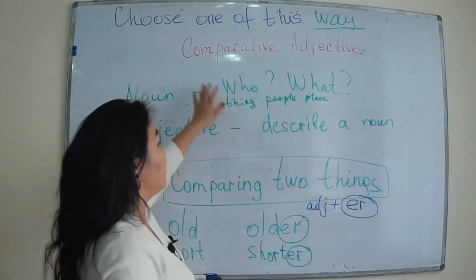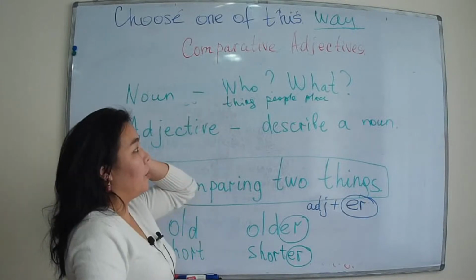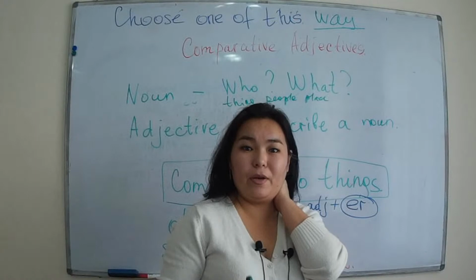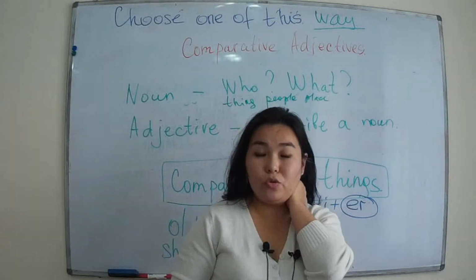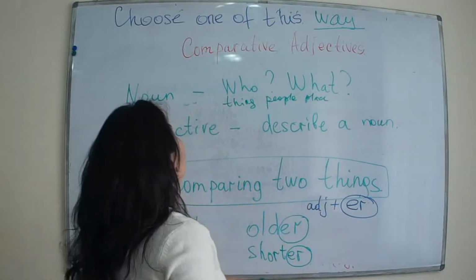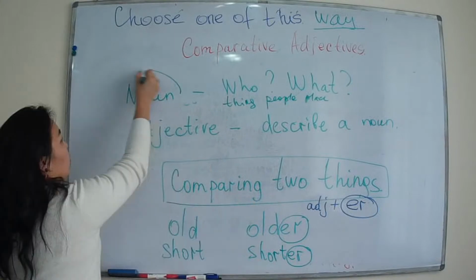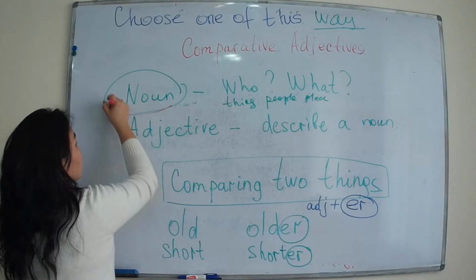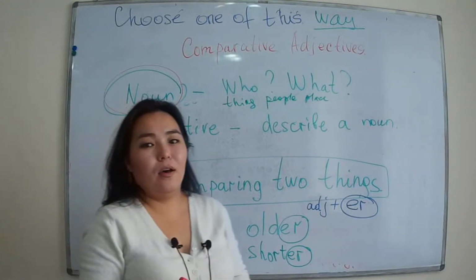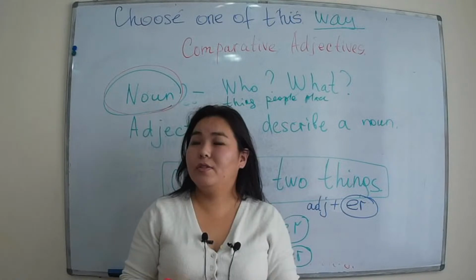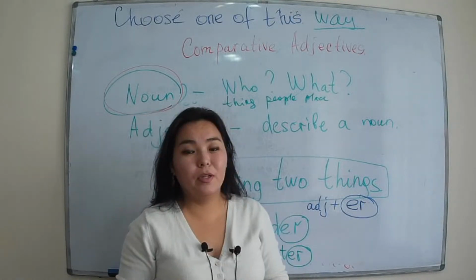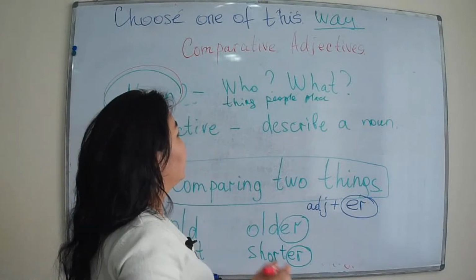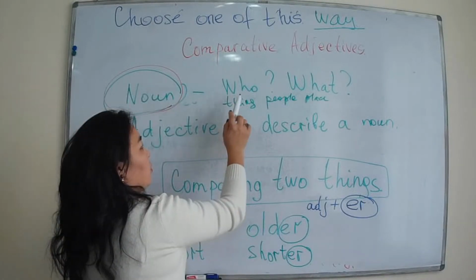Okay, so comparison adjectives. Before we start speaking about comparison adjectives, we should remember about the noun. What is a noun in English? A noun is a thing, a person, people, and place. So different words that can answer the question who or what.